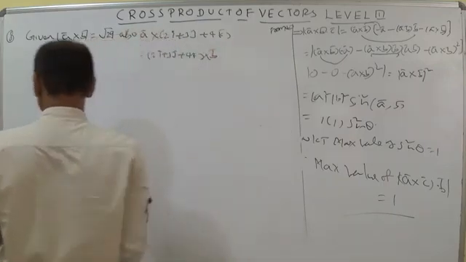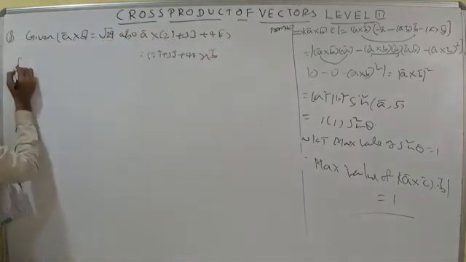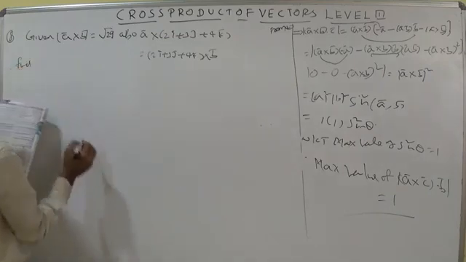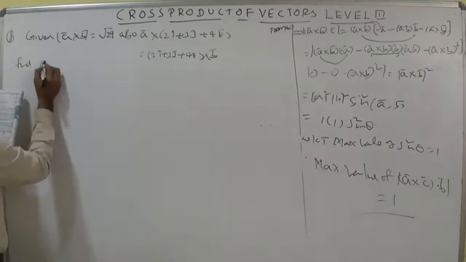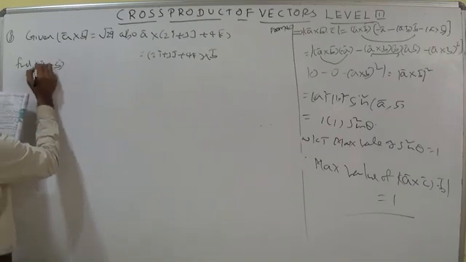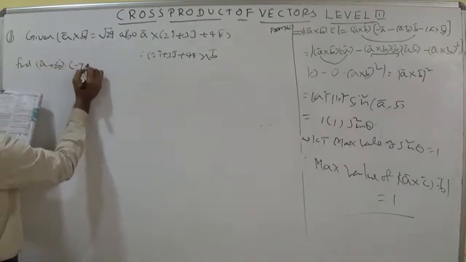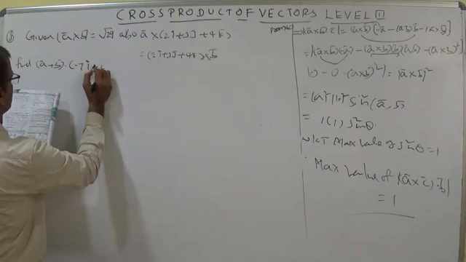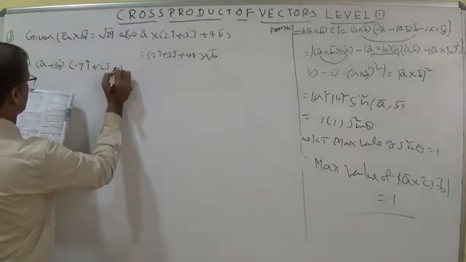The two values are equal. Then find a possible value of A bar plus B bar dot A bar plus B bar dot 7i plus 2j plus 3k.